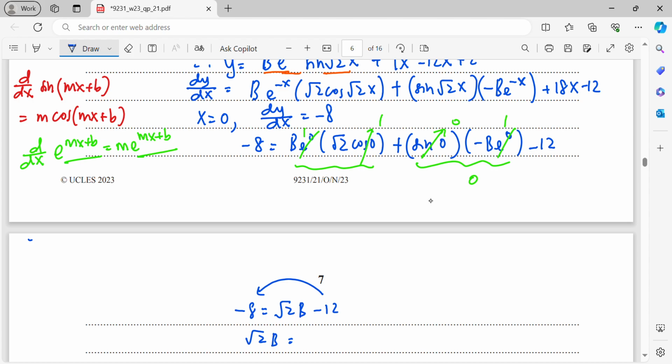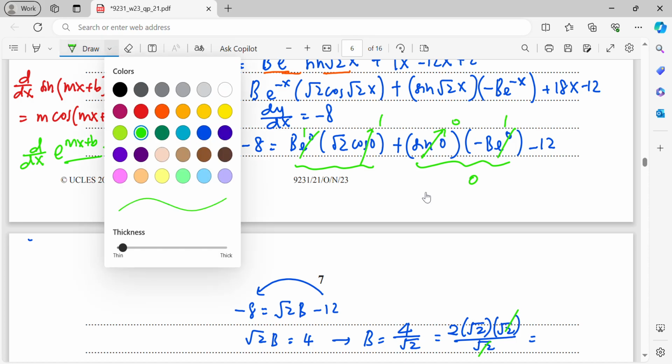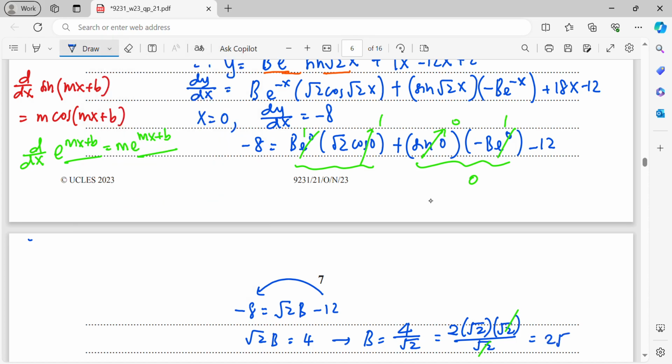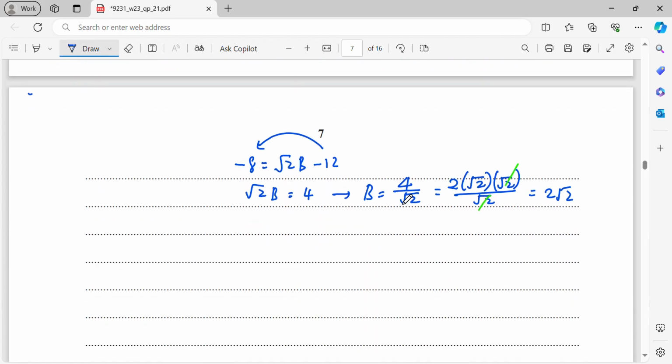Therefore, minus 8 plus 12 is 4. Then my b is 4 over square root 2. Now this 4 over square root 2 can be simplified into 2 times 2. The 2 can be split into square root 2 and square root 2, then divided by square root 2. At last, the square root 2 will be cancelled off. Then you will be getting 2 root 2. That is my b. So my final answer, that is called the particular solution.